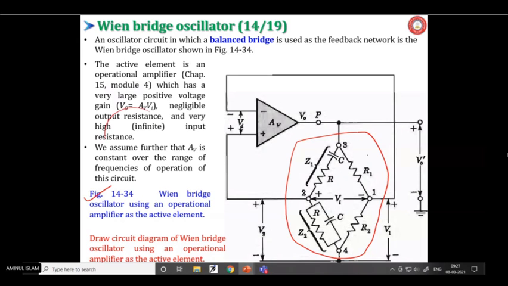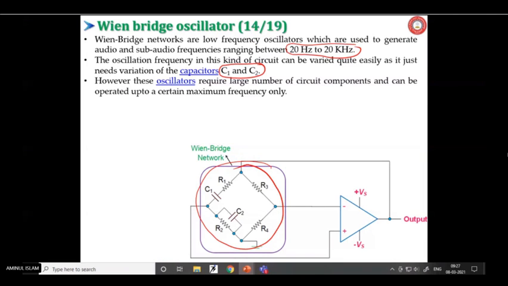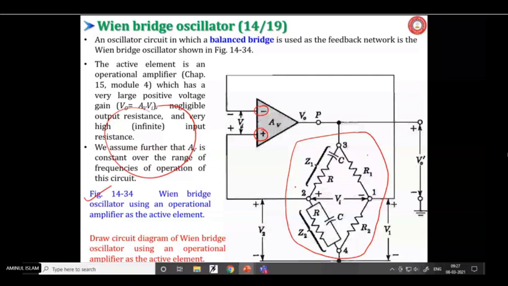Instead of placing it in this area, it is kept here, and see the connection is always between the inverting and non-inverting terminal. Is it understandable? If you want, you can see here. Same thing connected a little differently, otherwise actually the same.